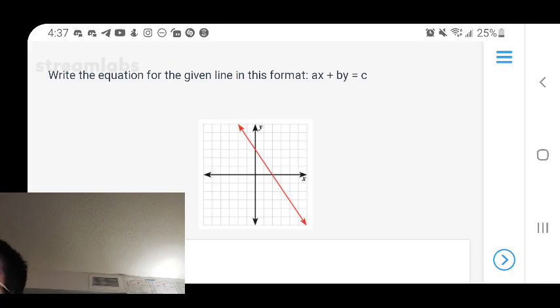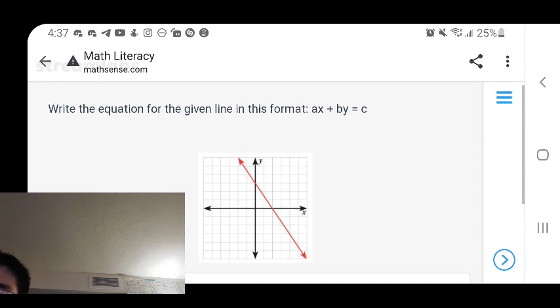Should I put 1.5? X is 2, y is 0, that's right.